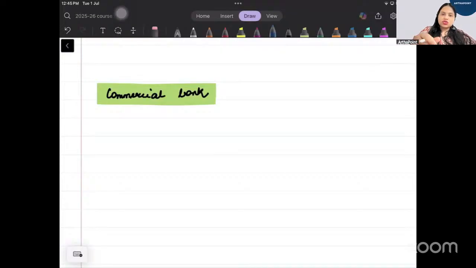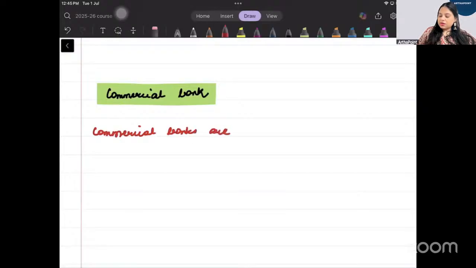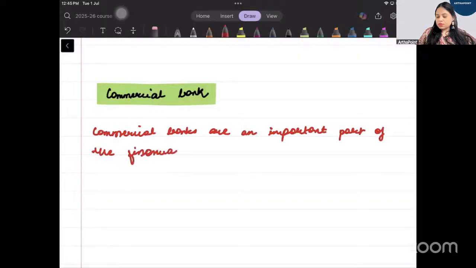Let us begin our lecture by writing the definition of commercial banks. So please write down. Commercial banks are an important part of the financial system of the economy, right?